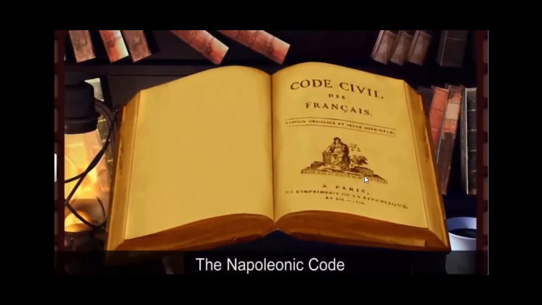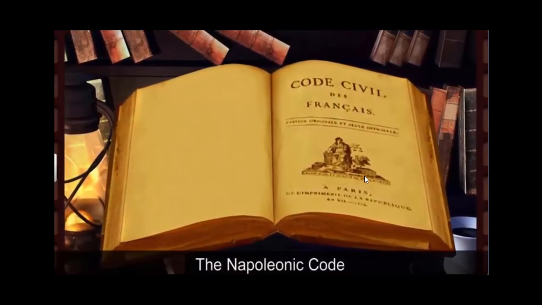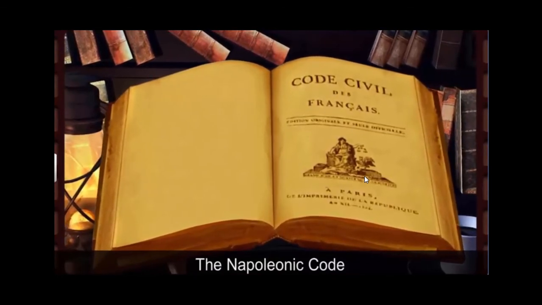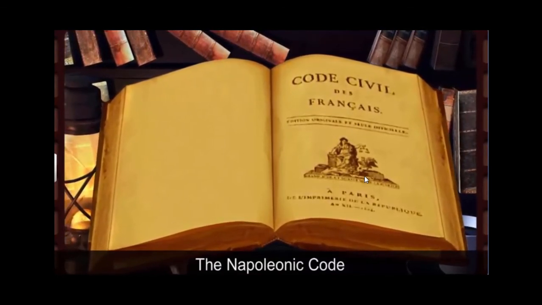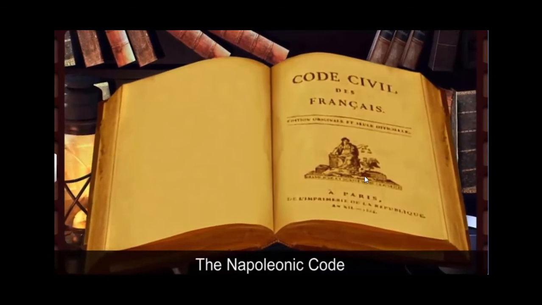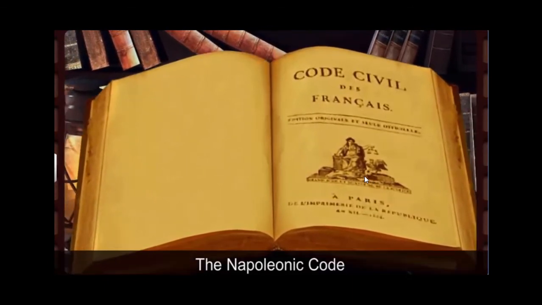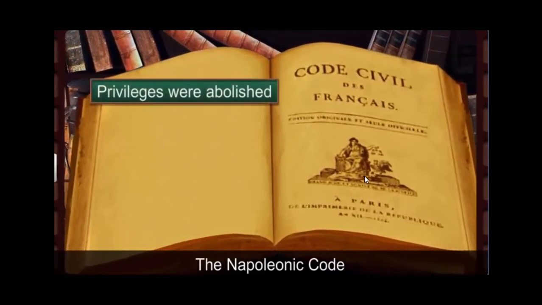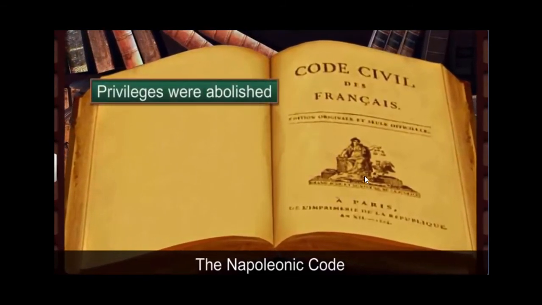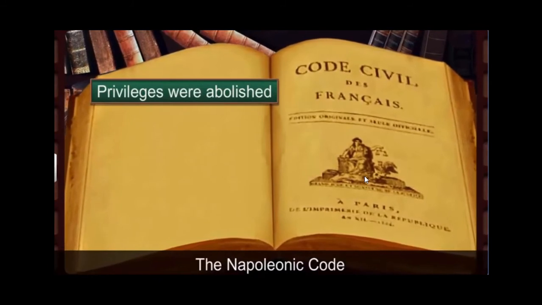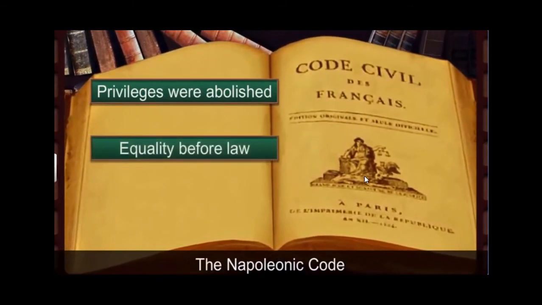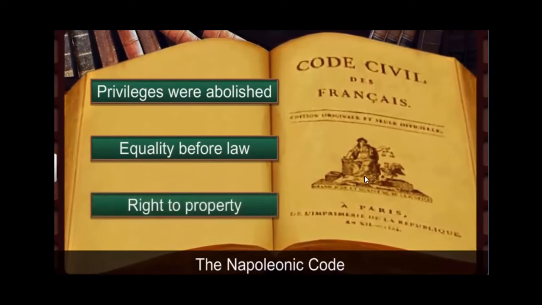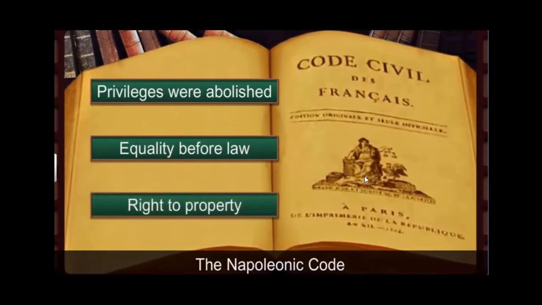Meanwhile, he introduced several effective administrative changes. In 1804, he introduced the Civil Code of Napoleon or Napoleonic Code. As per the Civil Code of Napoleon, it did away with all the privileges based on birth, established equality before the law, and secured the right to property.